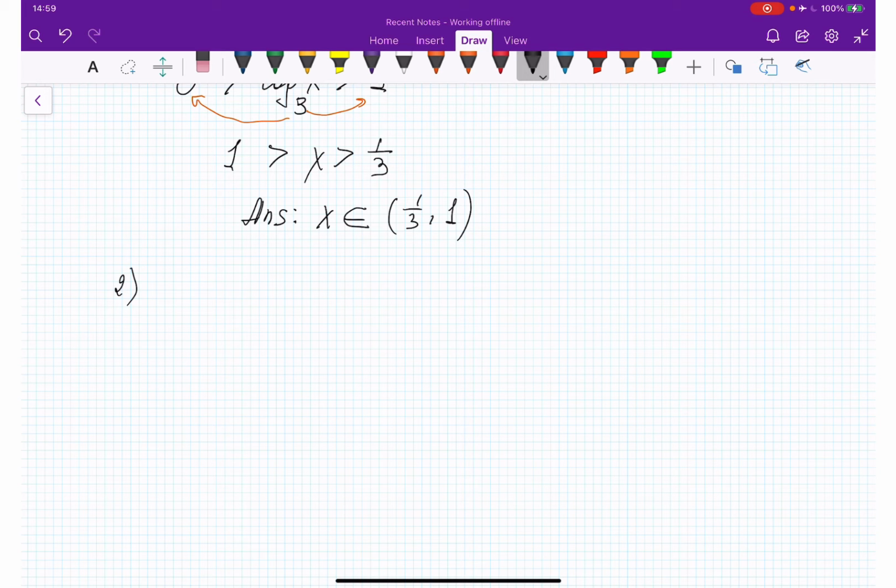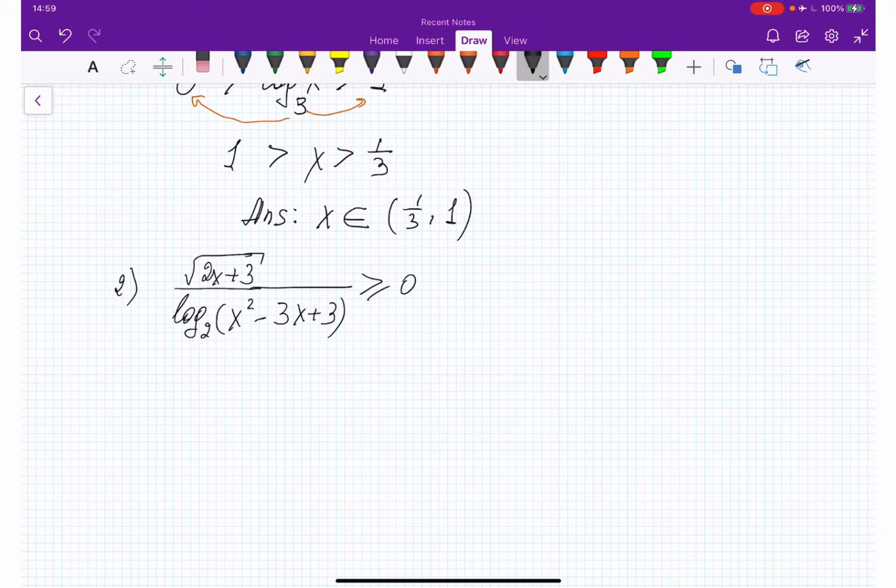Next, we have the fraction: square root of 2x plus 3 over logarithm by base 2 of x squared minus 3x plus 3, greater or equal 0.